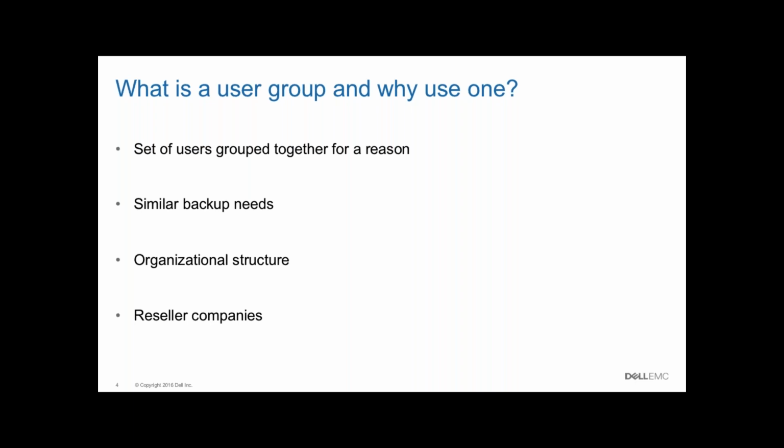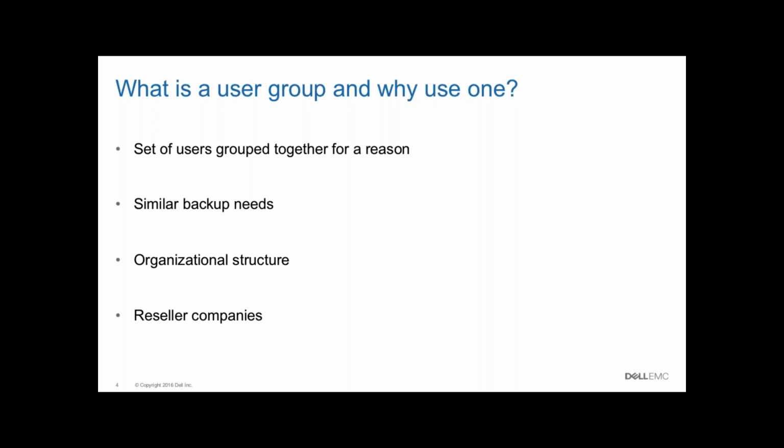So it can be useful in terms of splitting up the organization as it is already. It could also be down to similar backup needs. Specific people in the organization may be working with specific file types that you may want backed up by them but not by others. Again, using somebody in marketing, or somebody in my field in training and development, you may want to give them access to back up video files and audio files.